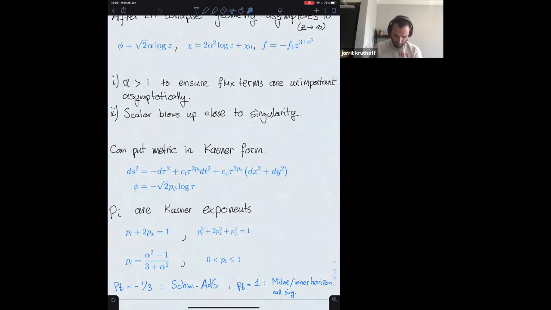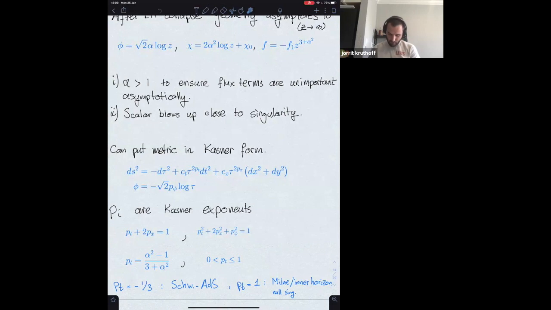And just to give you a few examples of known geometries that approach a Kasner universe: one geometry is Schwarzschild AdS, where pt is -1/3, so that would correspond to alpha 0.